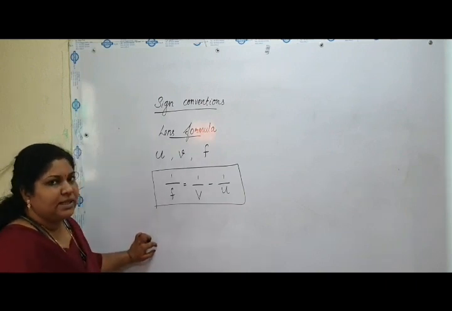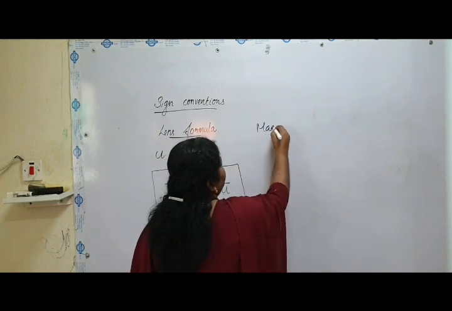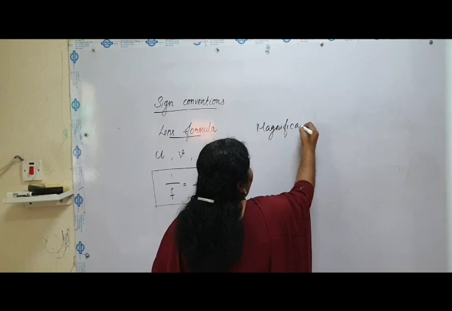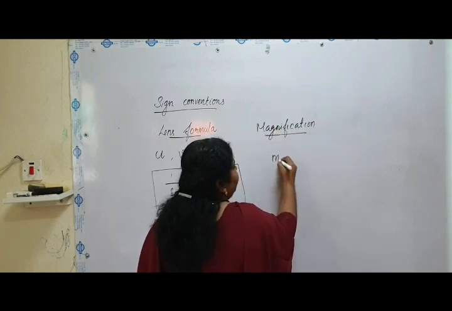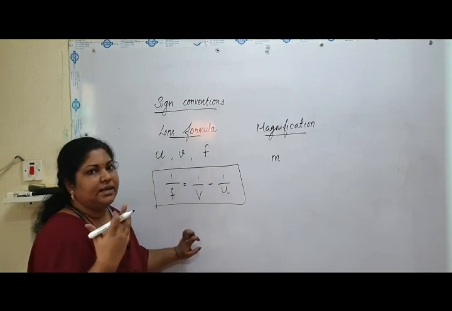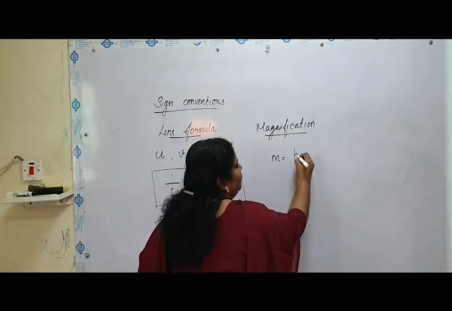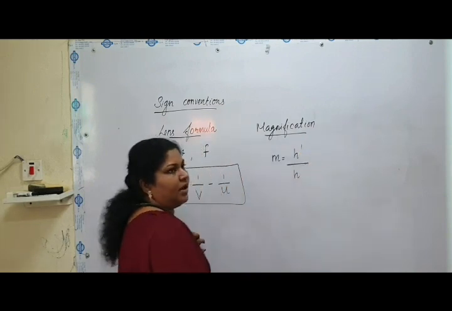Now next we are going to see what is magnification. We have already seen what is magnification in the case of a mirror. Magnification is defined as, it is the extent to which we can enlarge an image. So magnification is defined as height of the image by height of the object.